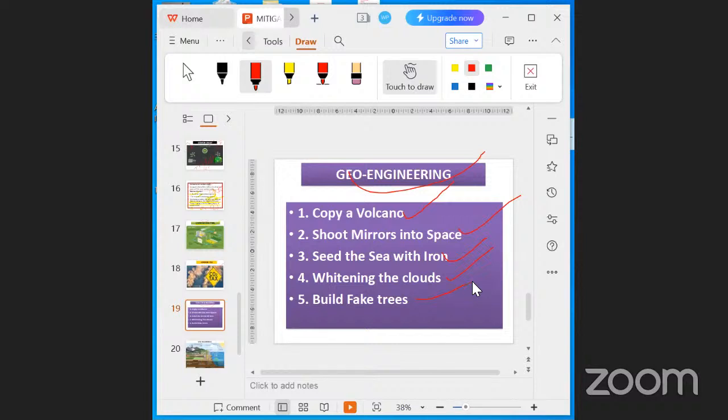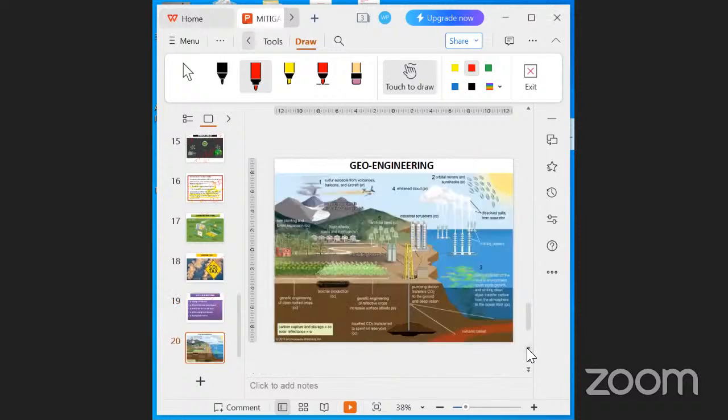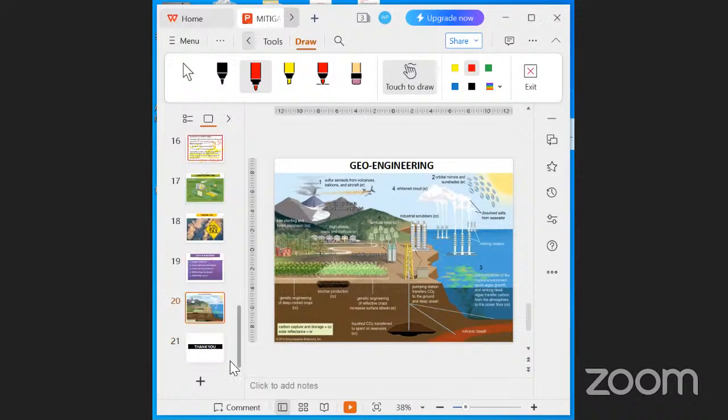So these are some of the methods in geoengineering. So now you see one by one. First one is copy a volcano. So how can we copy a volcano? All these 5 are in this figure only.